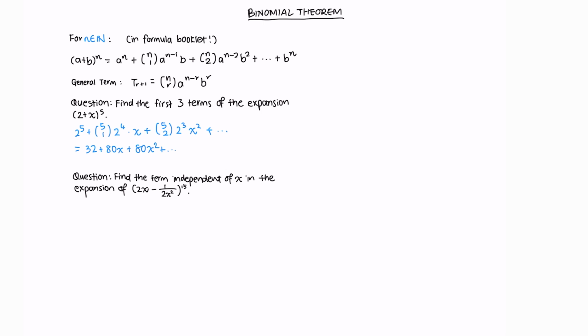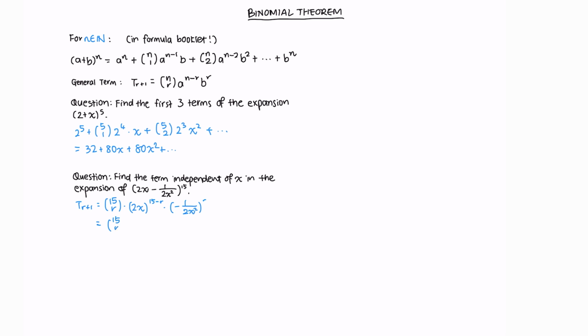We'll use the general term because we don't want to expand out all the terms just to find out what one term is. So let's write down T_(r+1) equals n, which is 15, choose r. In this case, we don't know what r is yet, times a, which is 2x, to the power of n minus r times b to the power of r.